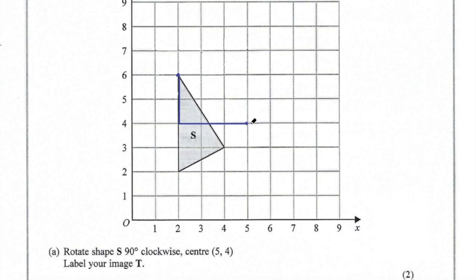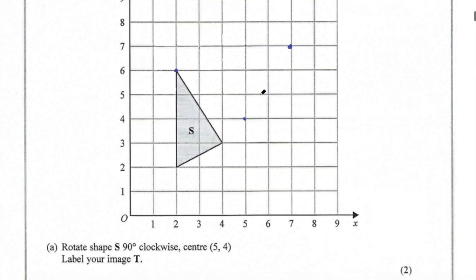So it is 3 left and 2 up, and now you need to move that L shape 90 degrees around the center. So that L shape that I've drawn is going to end up here, and so that point that I've drawn is going to end up there. That's just one way to picture it. If you have your own method of rotating shapes around a point, then that's fine too.